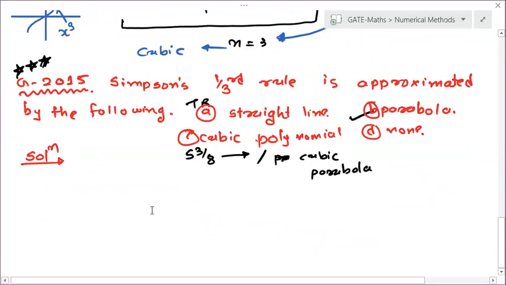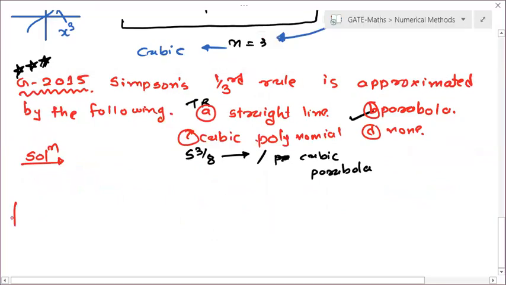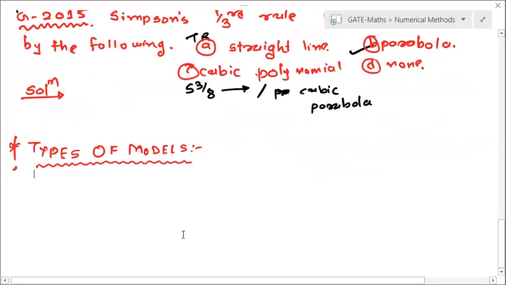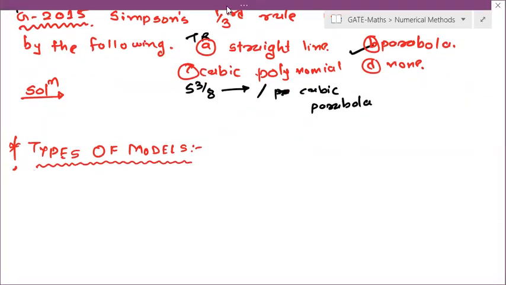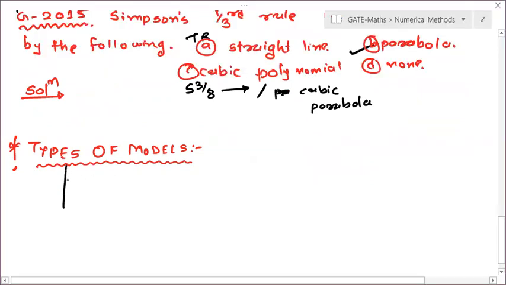See over here, which types of models you can expect from this section. Let me give you those types first, and then let us see all the questions based on those models. One type is you can directly expect a table.